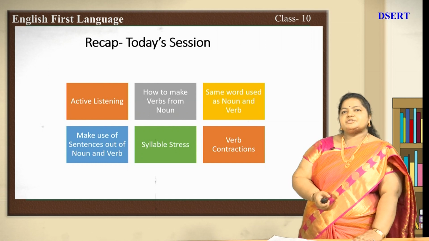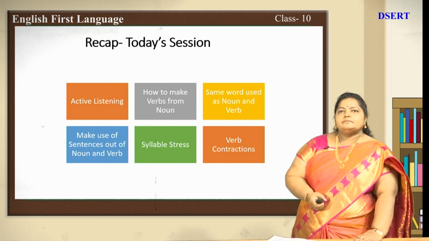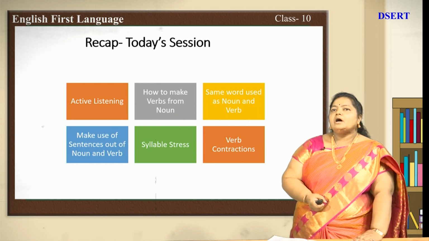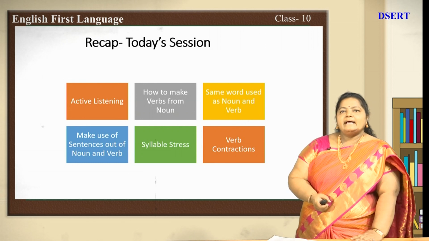Recap of today's session: the first point we learned today is active listening. Hope you enjoyed active listening, a small video clip. The next point we learnt was how to make verbs from nouns. That was quite interesting. Then we moved to the same word used as noun and verb.